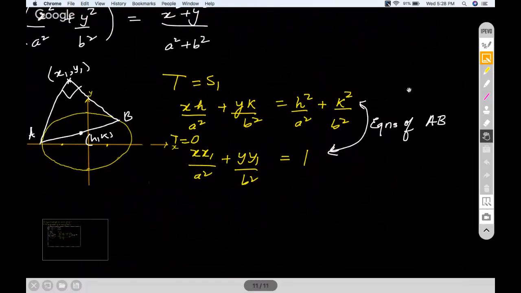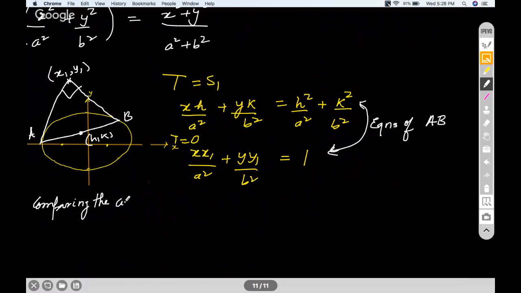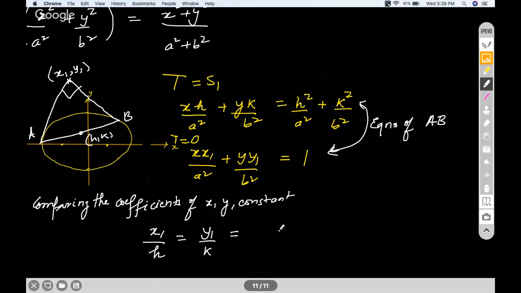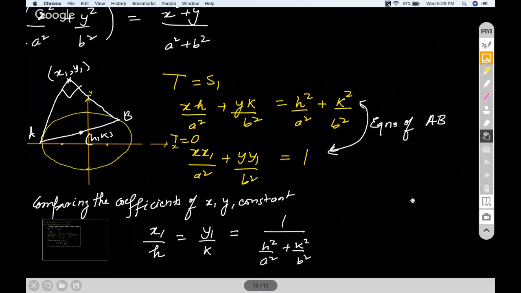So if they are same, I can compare the coefficients of x, y and the constants on both the sides. Comparing the coefficients of x, y and constant, we get x1 by h, y1 by k is equal to 1 by h square by a square plus k square by b square, right?